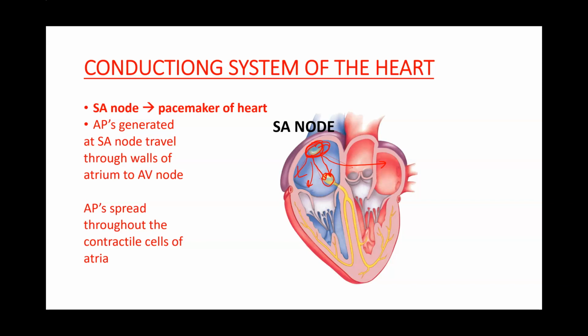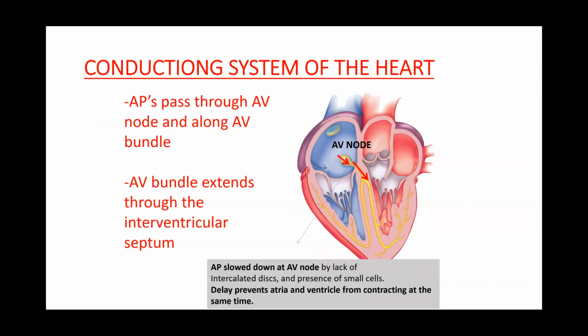Okay, the AV node down here is going to delay the signal for a few seconds, waiting for the atria to contract. After the atria contracts, the AV node begins to let the signal go into the ventricles through a nodal pathway called the AV bundle. So there's the AV bundle right there.